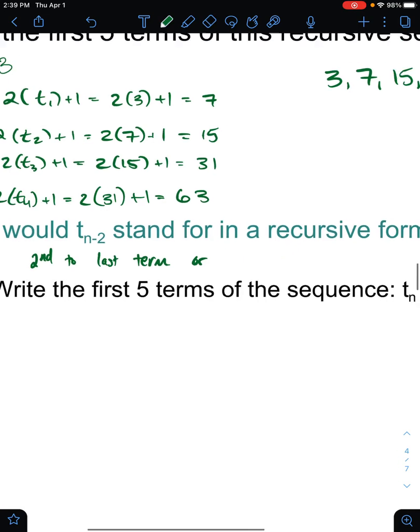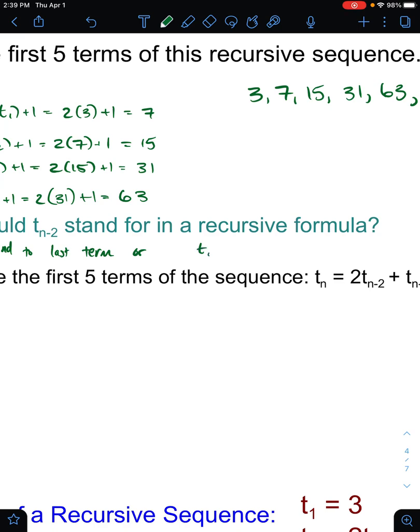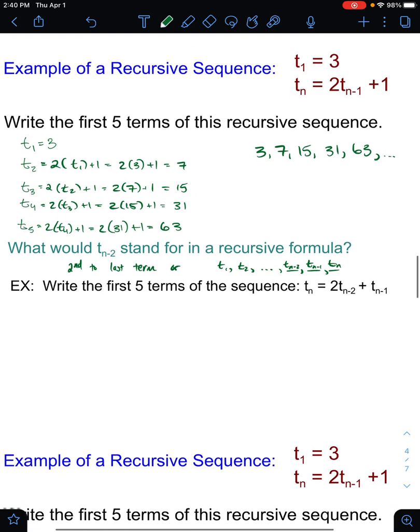So if I have t sub n here, let's say I have a list, I have t sub 1, t sub 2, and I go all the way up to t sub n. Right before t sub n is t sub n minus 1, and before that is t sub n minus 2. There you go. So that's how that would look if you wrote it out as a list.